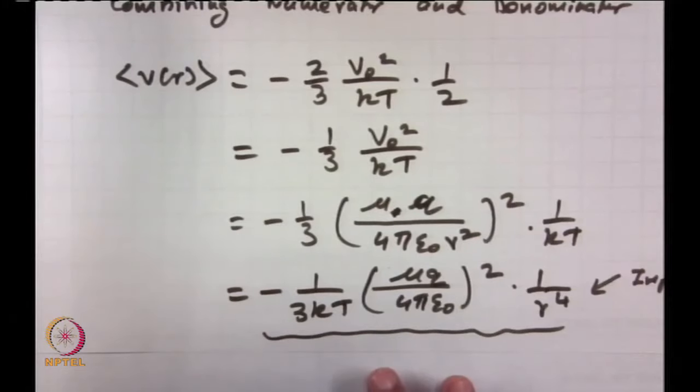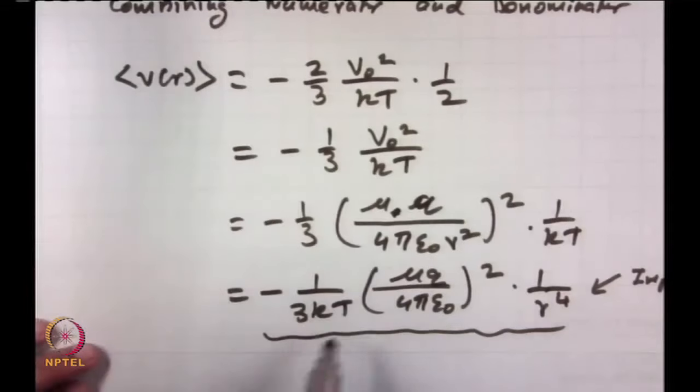So, there are two important aspects. One is, you can see this V of r is going to depend upon T, because obviously your thermal energy is going to have an effect on your potential energy of interaction, okay.